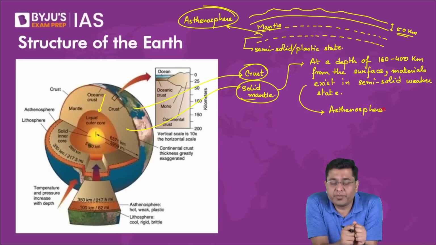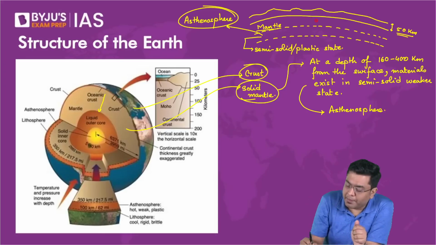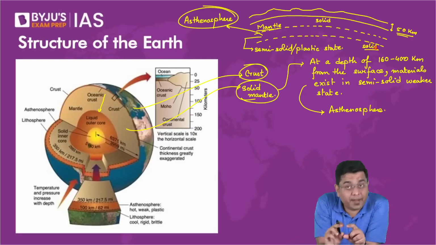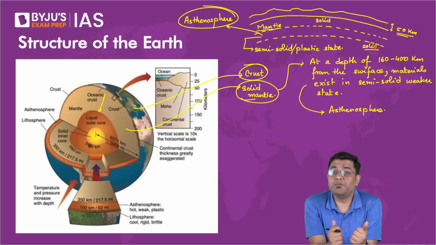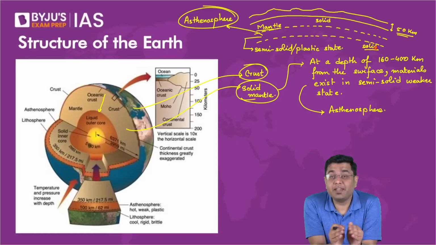But here the question arises, why, when the mantle in the uppermost portion is also solid, and the mantle beneath the asthenosphere is also solid, is there suddenly in between a layer which is semi-solid or slightly molten? That is because at this particular depth, you have a sudden abundance of radioactive materials, such as uranium and isotopes of potassium. So they are present in abundant quantity.